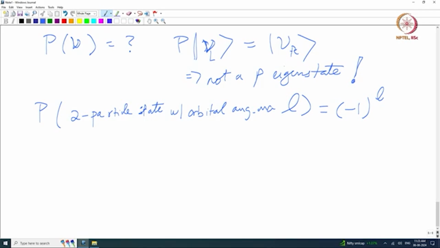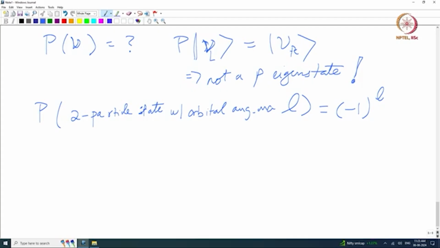Go look at the spherical harmonics and you can convince yourself. If you take an electron and a proton, for instance, look at the wave function, you can convince yourself of this. And I'll probably give this as an assignment problem also.